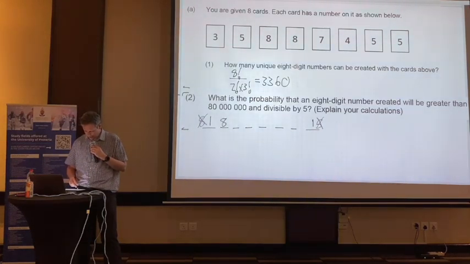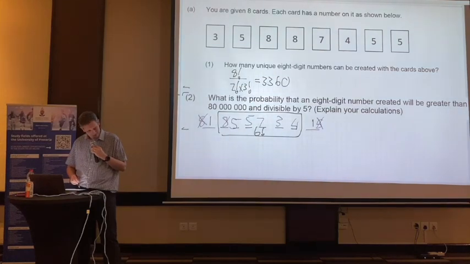I'm left with an 8, a 5 and a 5. And then I'm left with a 3, a 7 and a 4. So now my question is, let me rather do it in a different color, my apologies. 8, 5, 5, 7, 3 and 4. So in how many ways can I rearrange that?